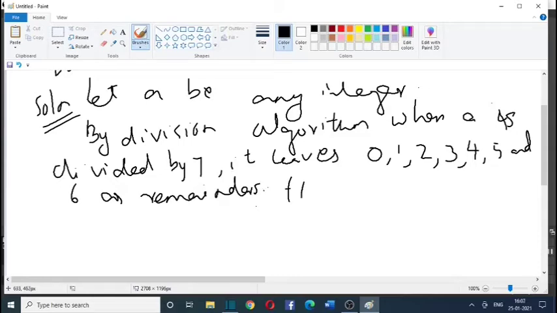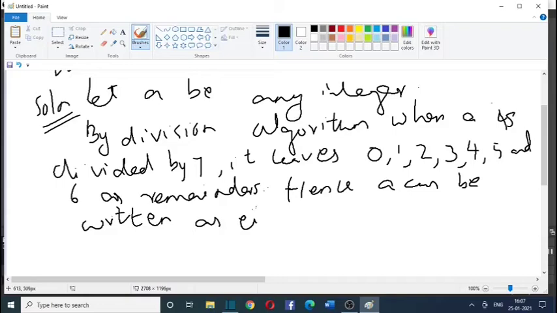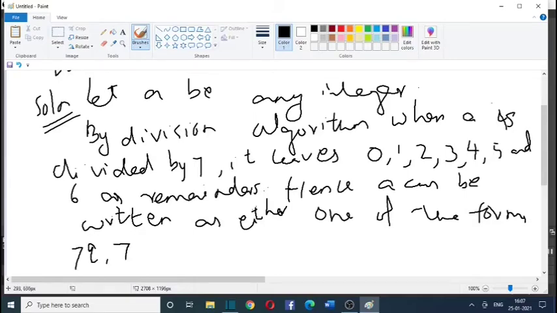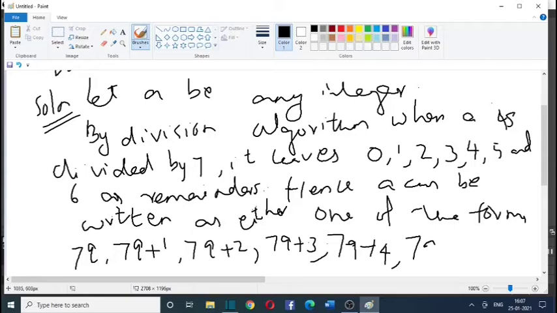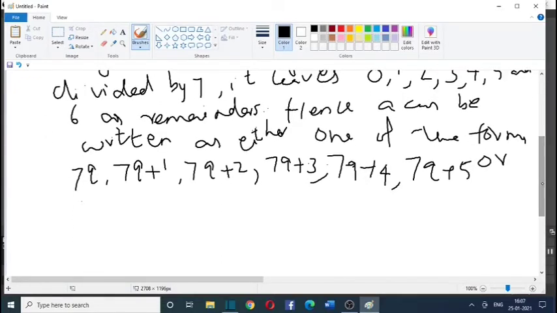Hence a can be written as one of the forms 7q, 7q plus 1, 7q plus 2, 7q plus 3, 7q plus 4, 7q plus 5, or 7q plus 6.